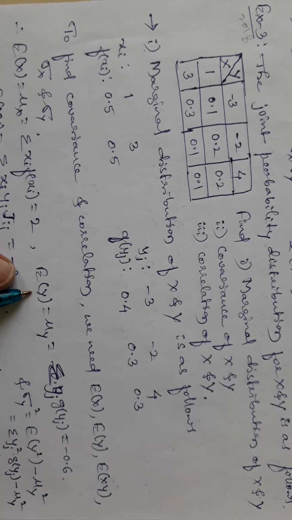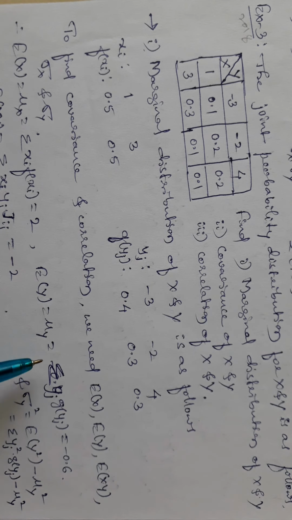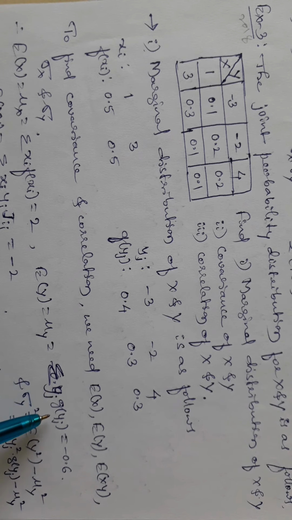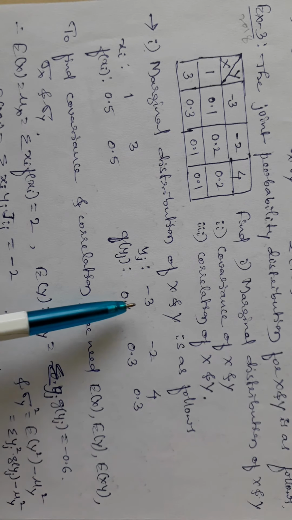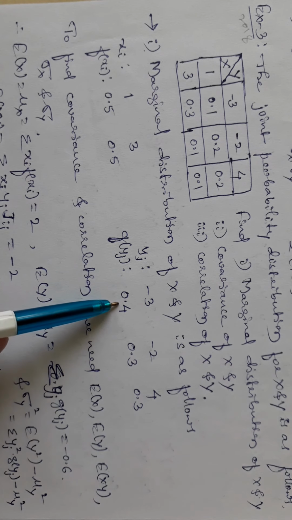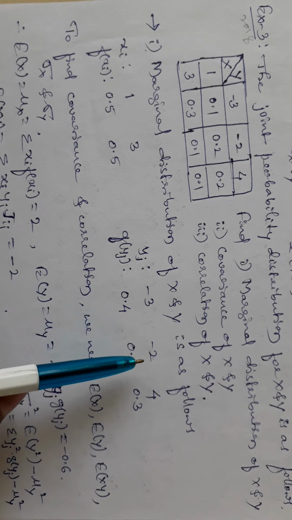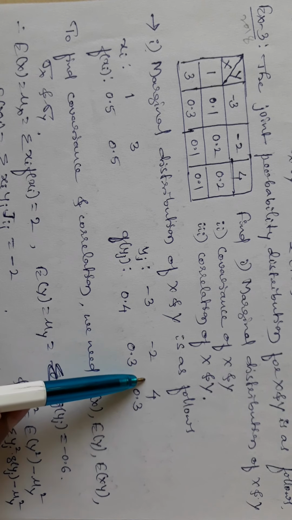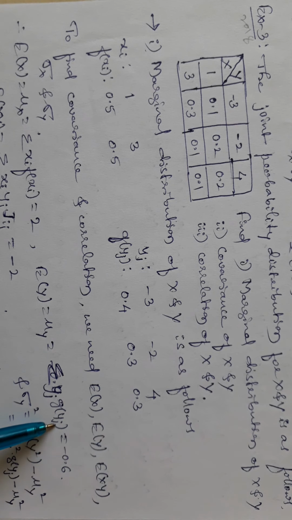Similarly the expectation of y, that is mu y, is equal to summation yj into g of yj, that is minus 3 into 0.4 plus minus 2 into 0.3 plus 4 into 0.3, we get minus 0.6.